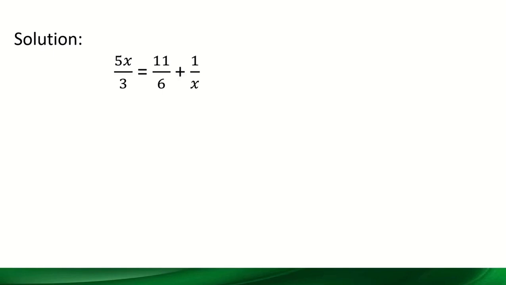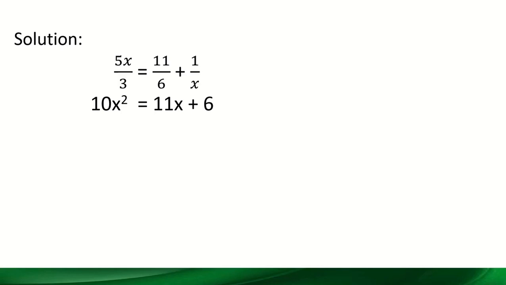And that is 6x. 6x divided by 3, that is 2x, times 5x, you will get 10x squared. 6x divided by 6 times 11, you will get 11x. 6x divided by x times 1, you will get 6.